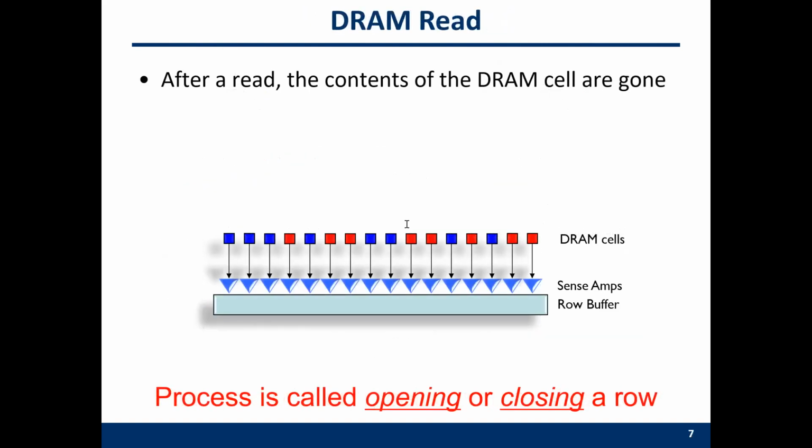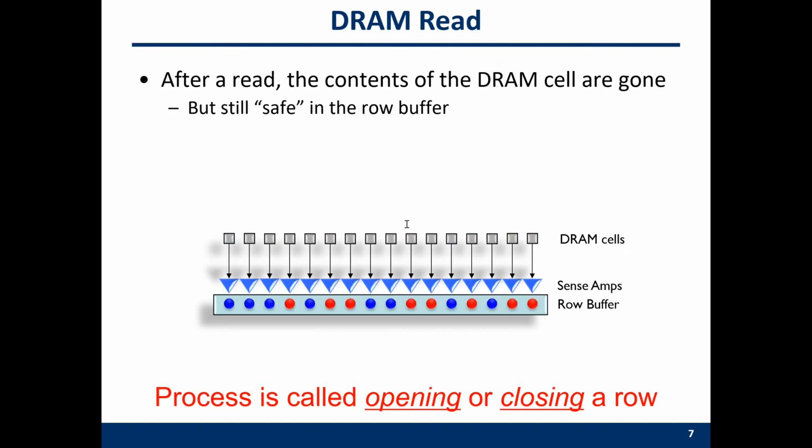So this is what will happen. After you select the row, the cells have some different charge levels. Then the sense amplifier will sense the data. So now the cells have no data. Why? Because of the destructive read. The data is stored in the sense amplifier.